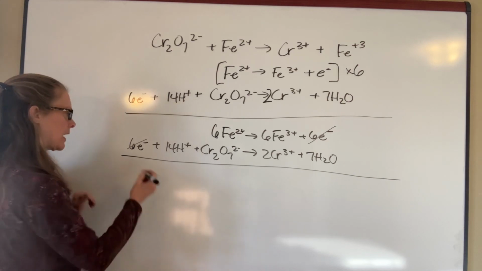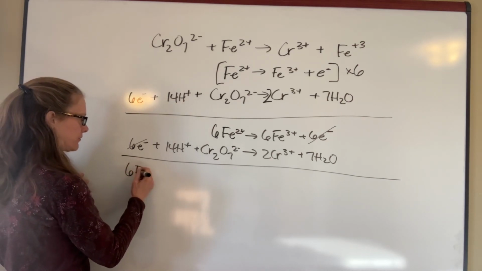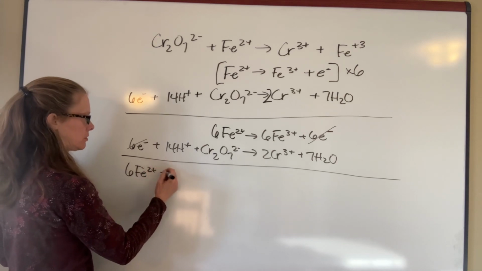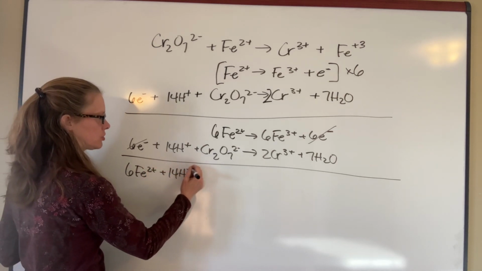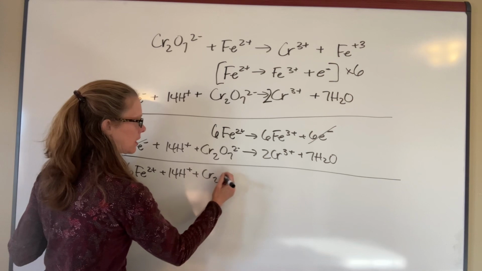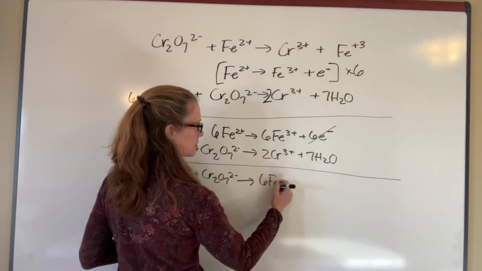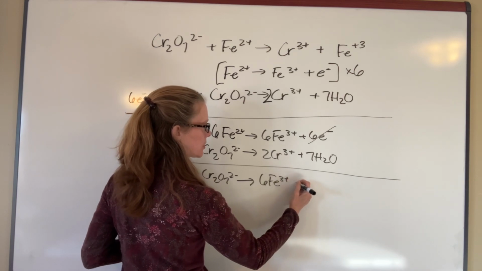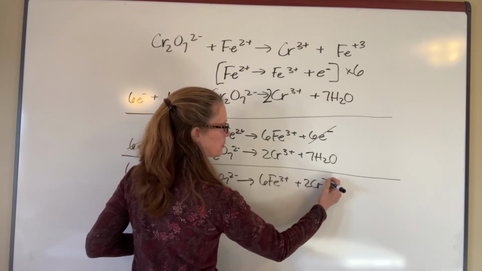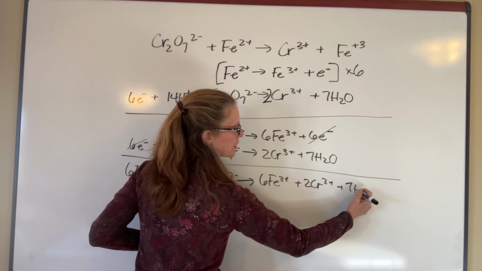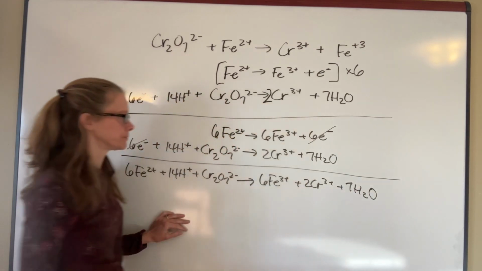So then when I add them together, I'm going to have 6 Fe2+ plus 14 hydrogens plus a dichromate ion, yielding 6 Fe3+ plus 2 Cr3+ plus 7 waters.